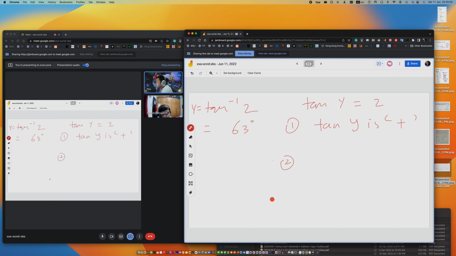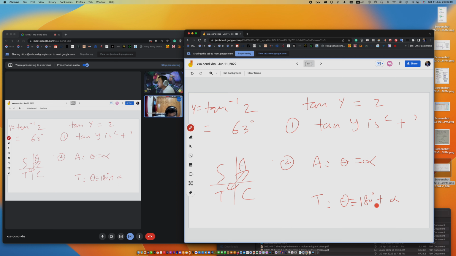Second step, if tangent y is positive, which two regions? A and T, right? So the formula for A is theta equals basic angle. For T, theta equals 180 plus basic angle.